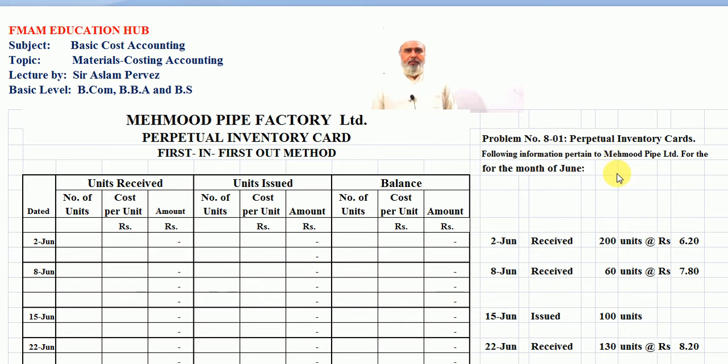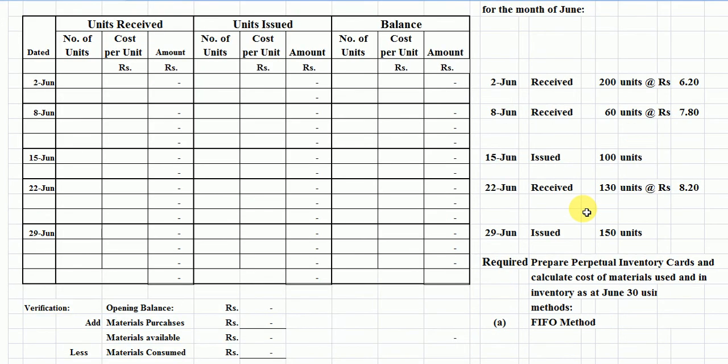The main title of this ledger card is Mahmood Pipe Factory Limited perpetual inventory card. The method to use in this card is FIFO method.